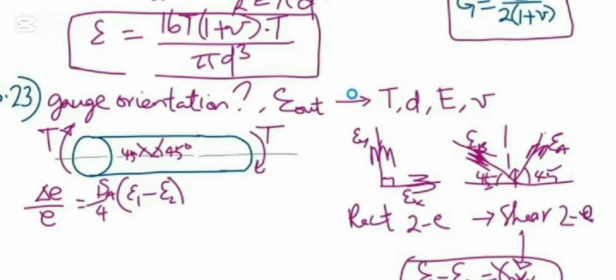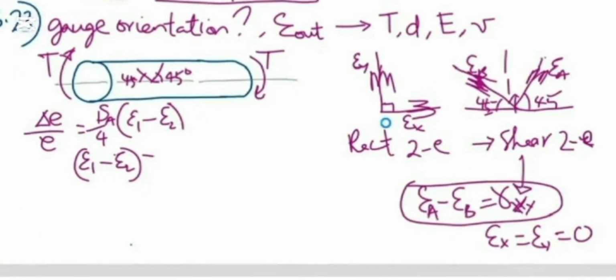So we can make it the subject of the formula. Remember, E1 minus E2 in this case is going to be equal to the shear strain, because it's in torsional loading, which is equal to change in E all over E multiplied by 4 SAE.